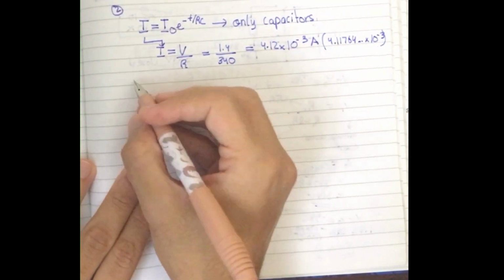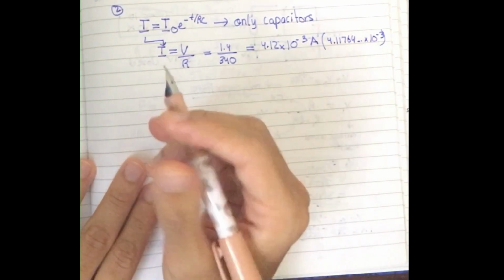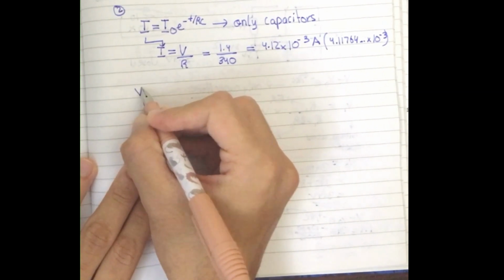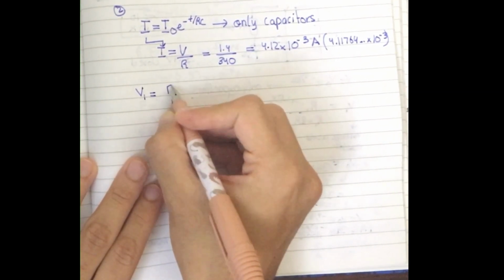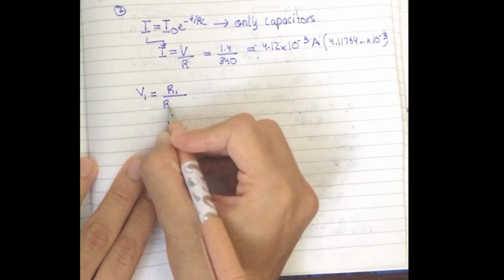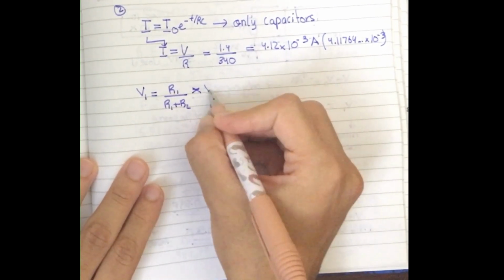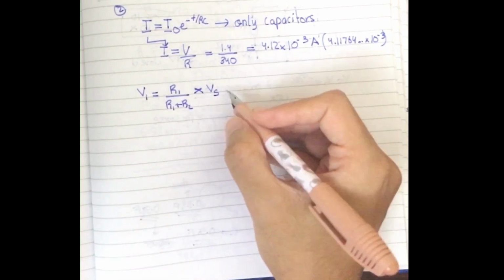So now we're going to use the potential divider. As we know, the potential divider formula is V1 equals R1 by R1 plus R2, times V, the voltage of the source, right?